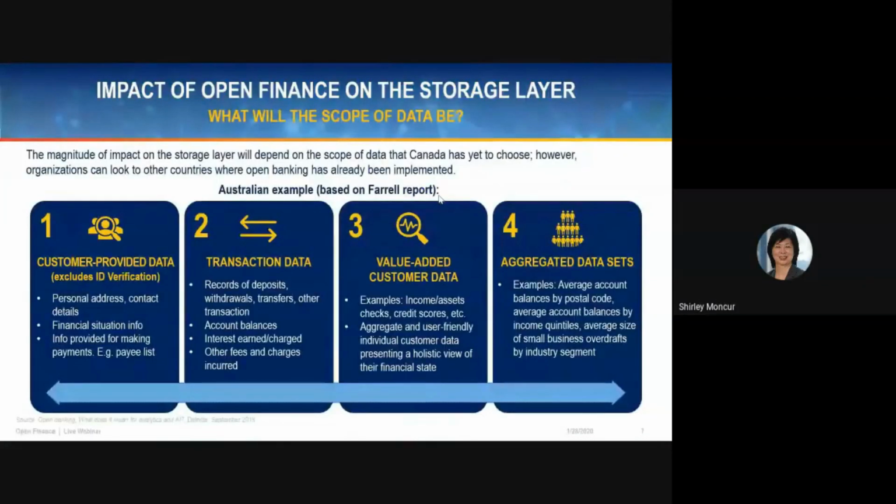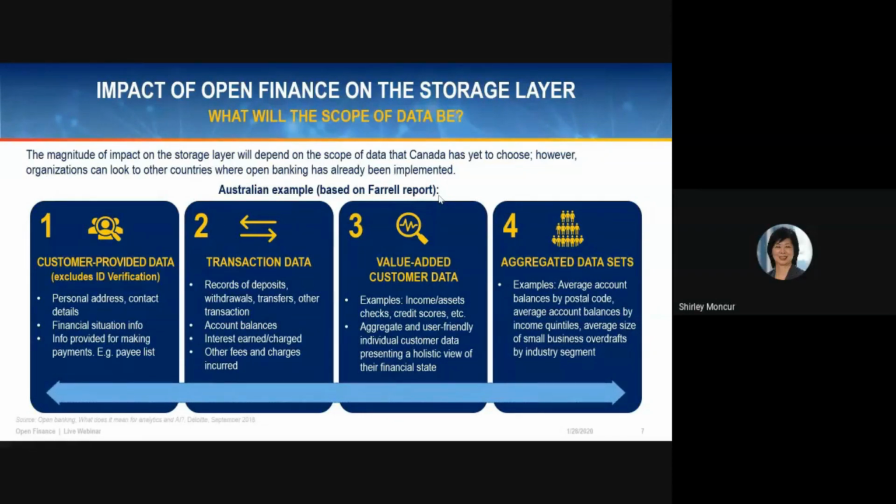So I don't think in Canada we will fully know the impact of open banking or open finance until the scope of data has been defined and Canada decides to move forward.